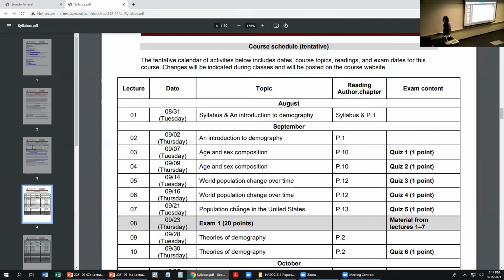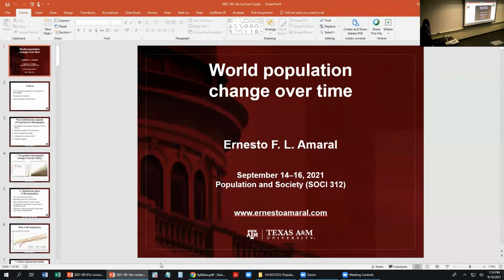If we go only until world population change over time, exam 1 will not cover the chapter about population change in the US, okay? The material of the exam is the material covered on lectures 1 to 7. If this was not covered, we will not have questions about it, okay?